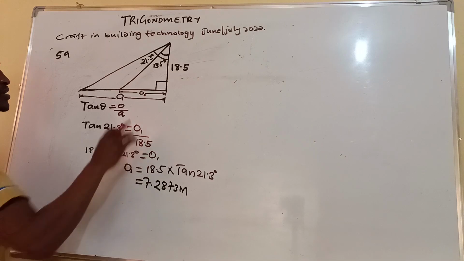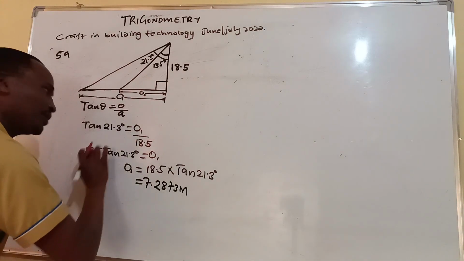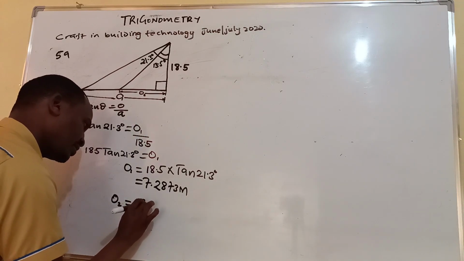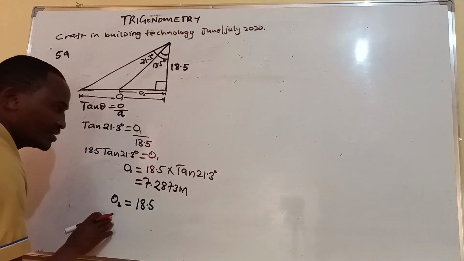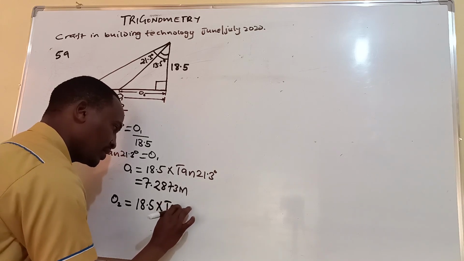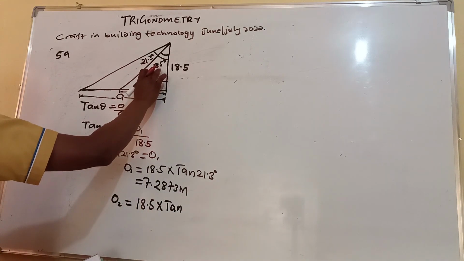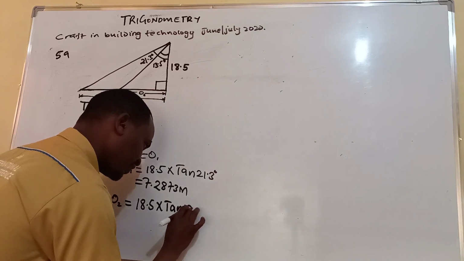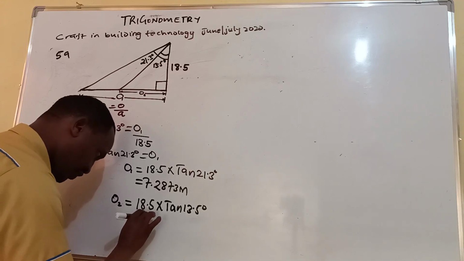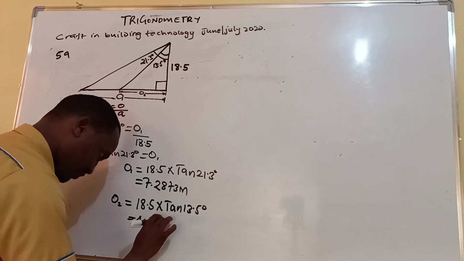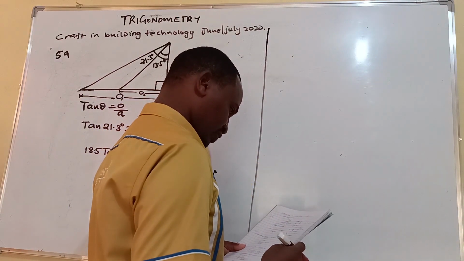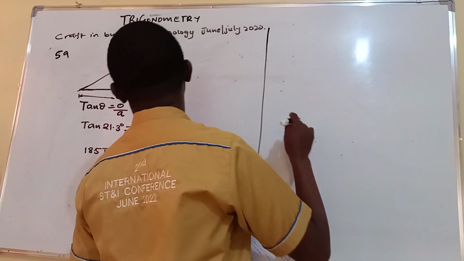For the other side, opposite 2, using the same working, the other distance is 18.5 meters times tan of the second angle, 13.5 degrees, which is 4.4415 meters.